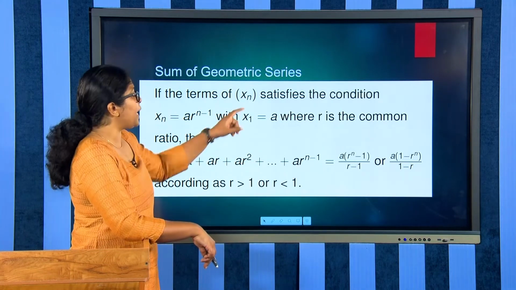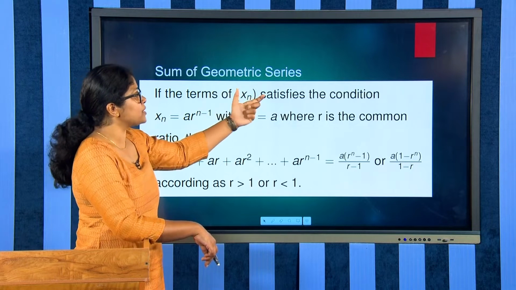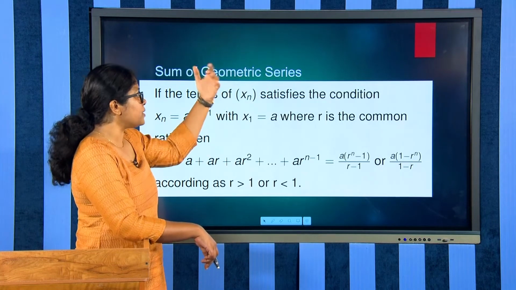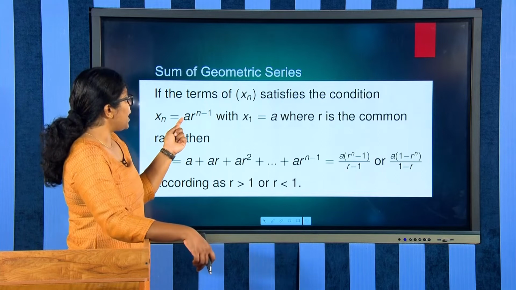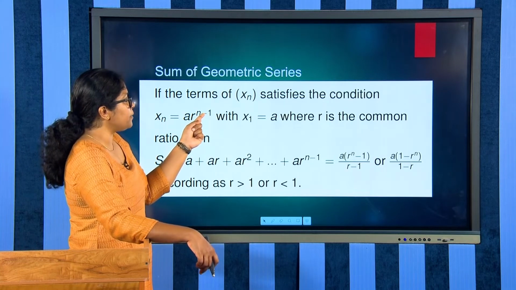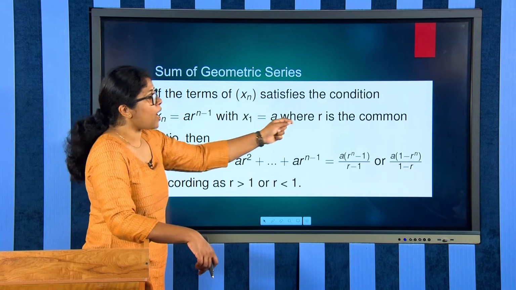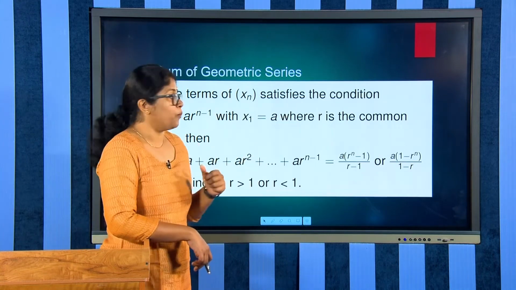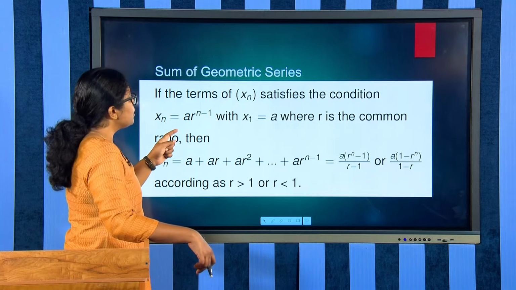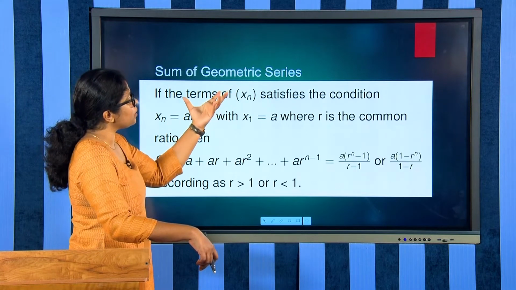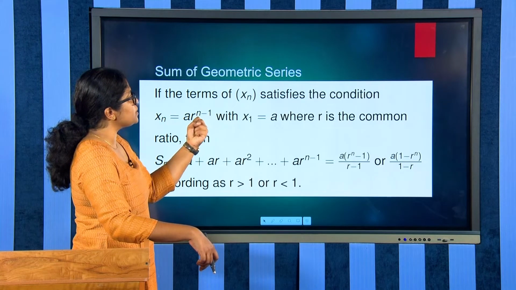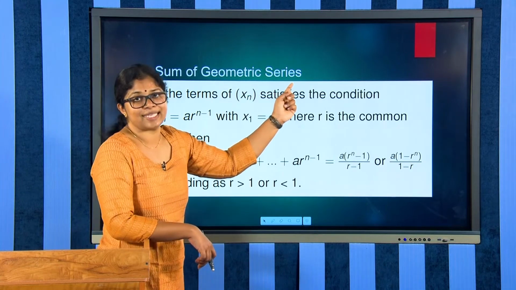So, the terms of the underlying sequence will be of the form a r to the power n minus 1, with the first term being a, and r is called the common ratio, and the sum of the terms of the sequence collectively is called the geometric series.